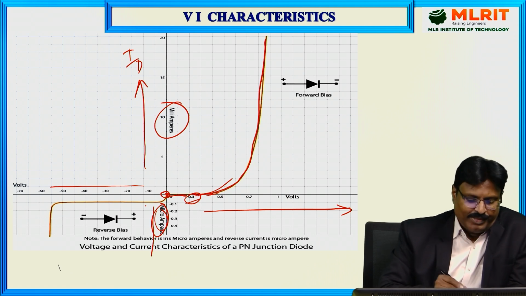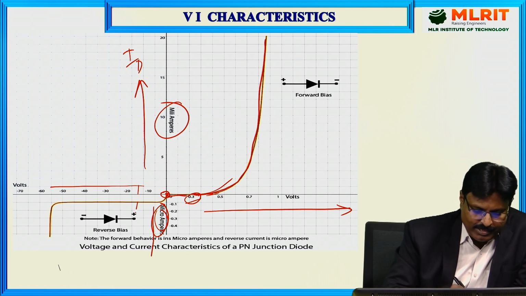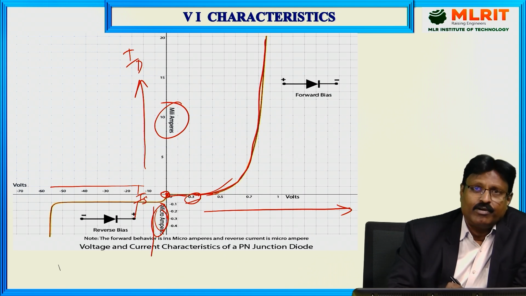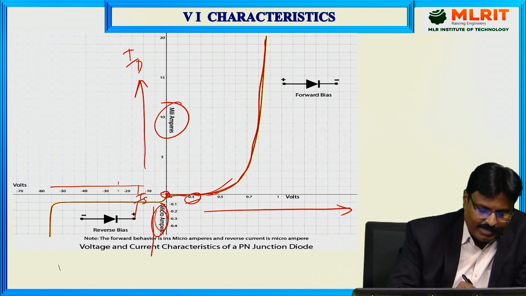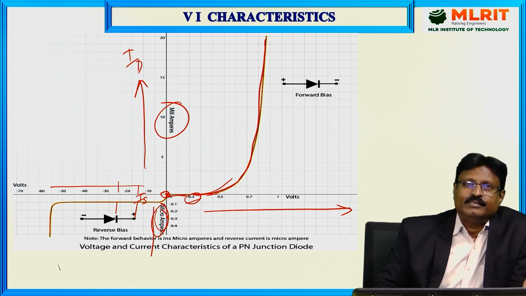As you can see, this is called IS. In some textbooks it is written as I0. IS is the leakage current. The leakage current means the current flown by the movement of the minority carriers.